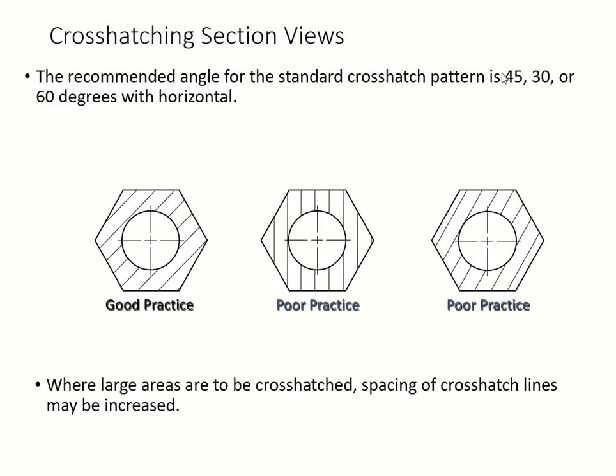Just measure exact 45, exact 30, or exact 60 with the horizontal line, and it will give you pretty neat cross-hatching for your section views. If you're dealing with very large areas in your model, make sure you do your spacing of the cross-hatch lines right by increasing it.